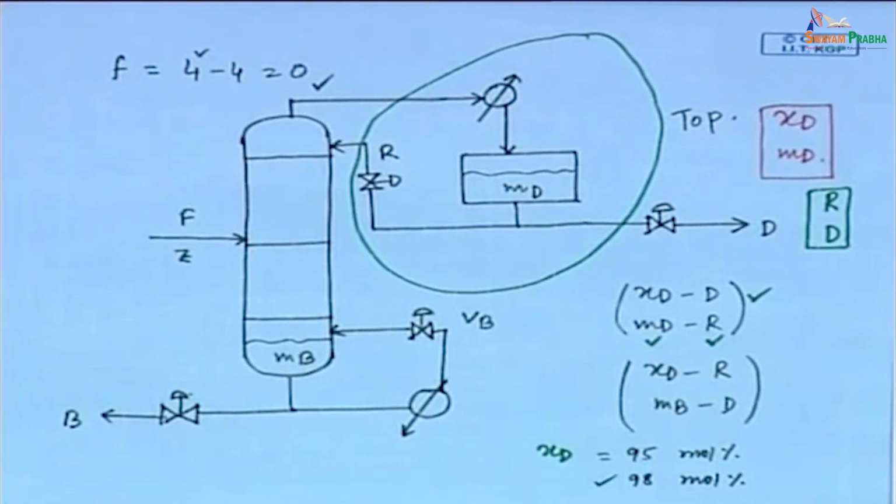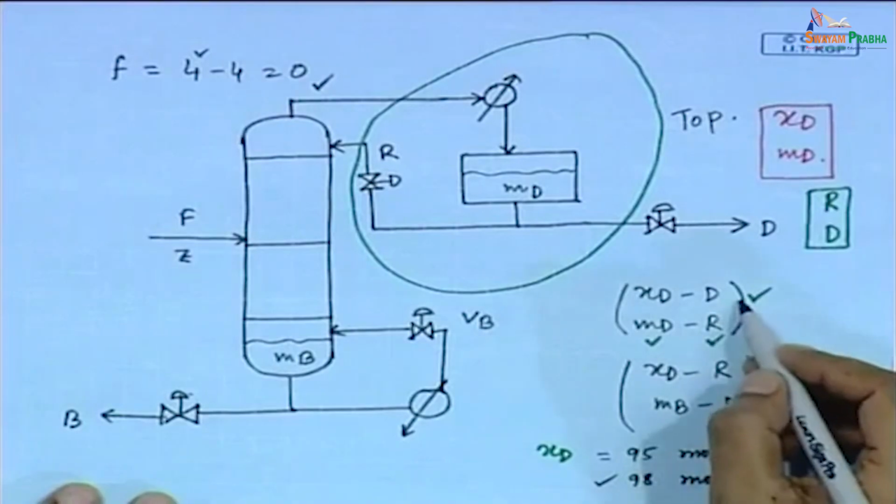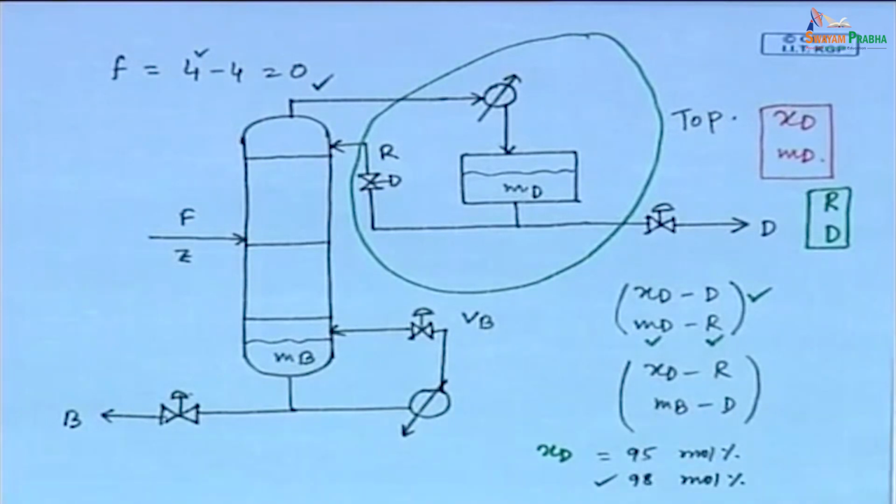It is perhaps not possible to get 98 mole percent purity by the manipulation of distillate, fine, but it may be possible to get 98 mole percent purity by the manipulation of reflux flow rate, because if we want to get 98 mole percent purity, there is a need to increase the reflux flow rate, which will affect the separation in the process, and there may be some improvement of composition in the top section.